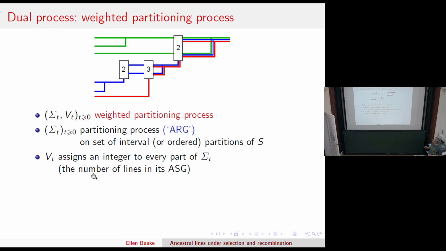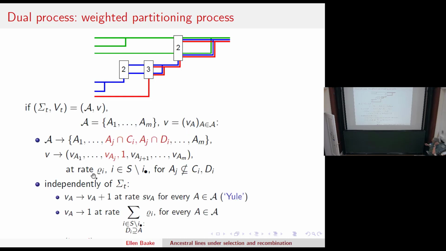And then the v_t assigns an integer to every part of every partition, and that is simply the number of lines currently present in that block. So at this time point, for example, the partition is green and blue-red, and the weight for the green is 2 because we have 2 lines, and the weight for the blue-red is 1 because there's only 1 line. So that is the process.